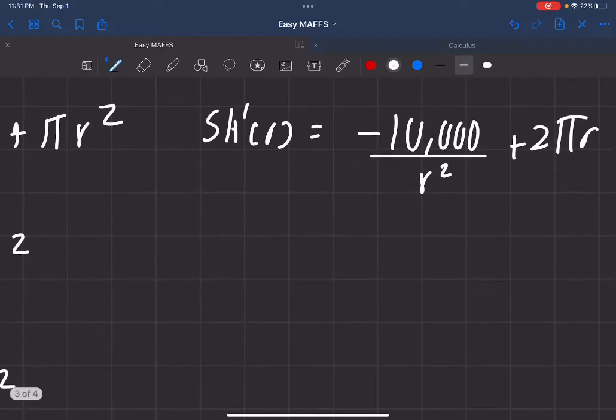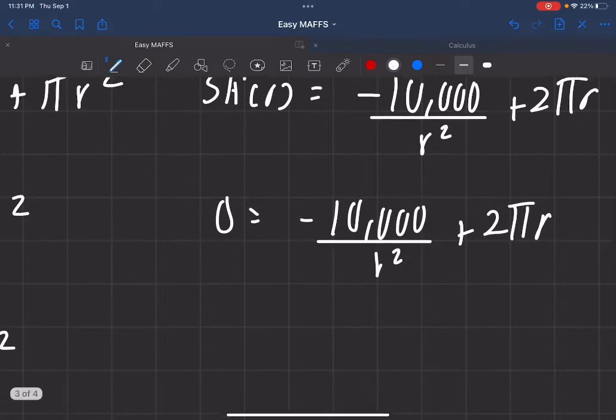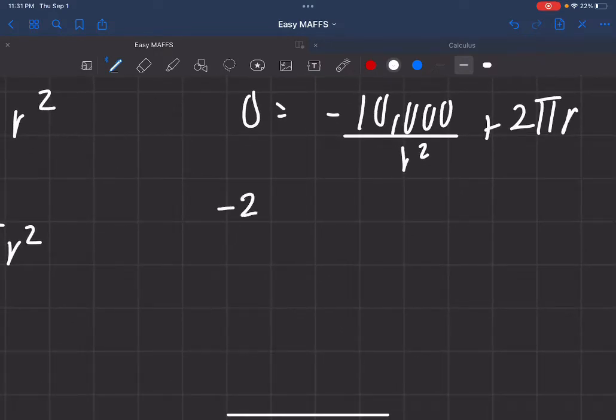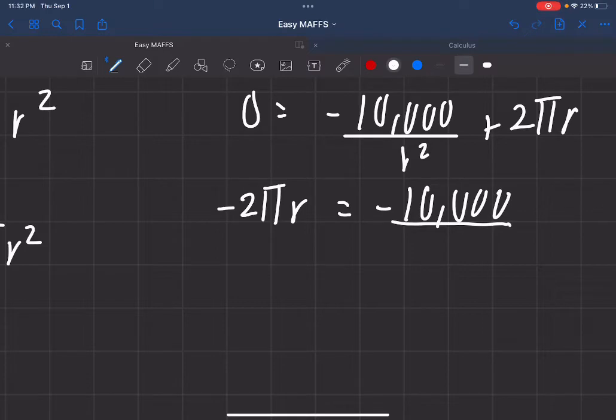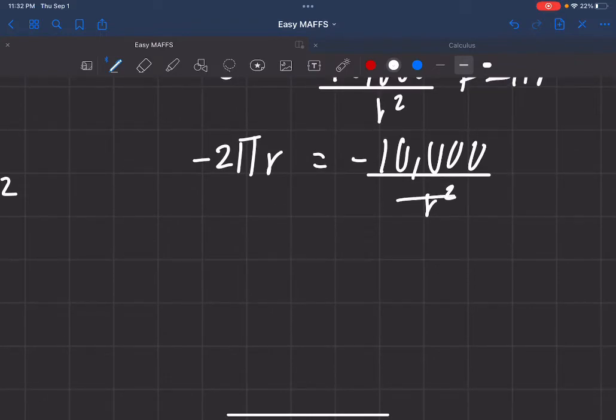All right, so now we can finally set it equal to 0. So 0 is equal to negative 10,000 over r squared plus 2 pi r. So move the 2 pi r to the left, so negative 2 pi r is equal to negative 10,000 over r squared. And we can multiply both sides by r squared to cancel out this r squared at the bottom.